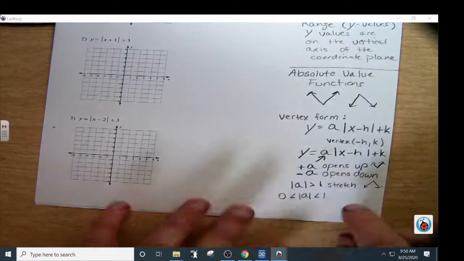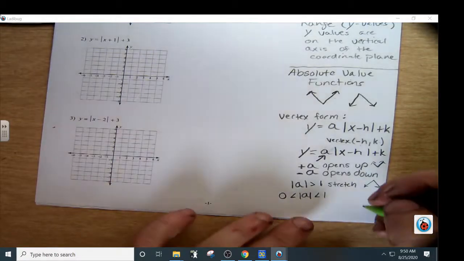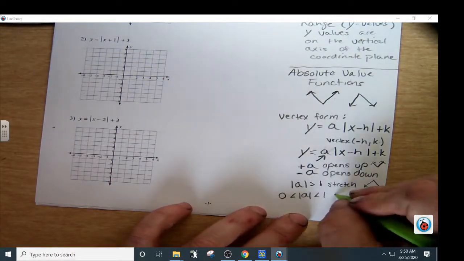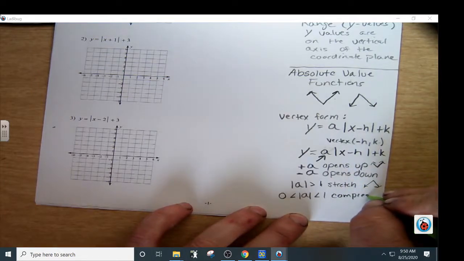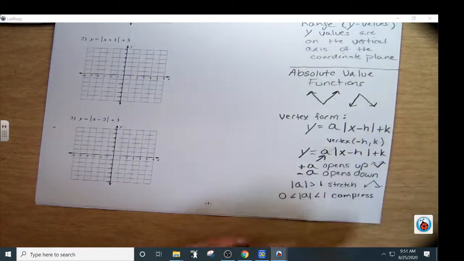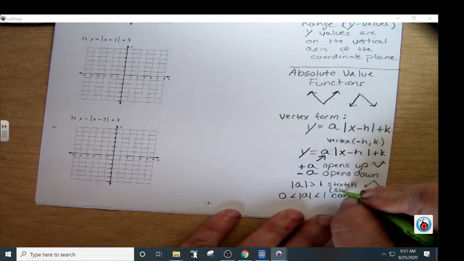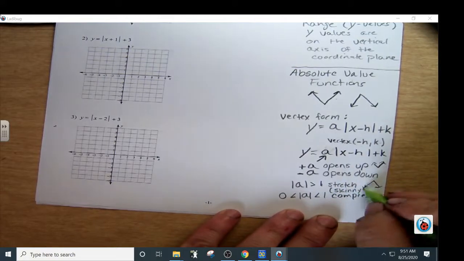All right. Now, if the absolute value of A is between 0 and 1 or a fraction, it's going to do what they call compress. And guys, in everyday terms, if it stretches, that means it gets skinny.